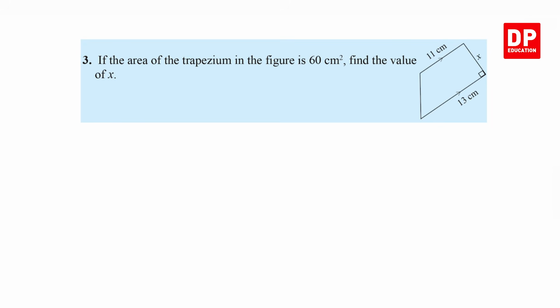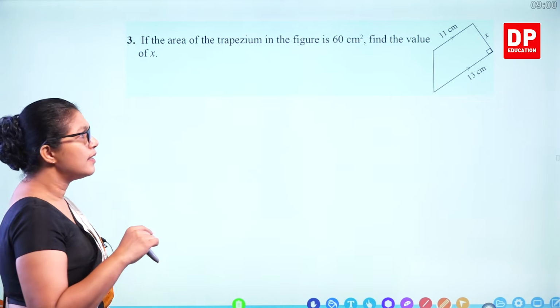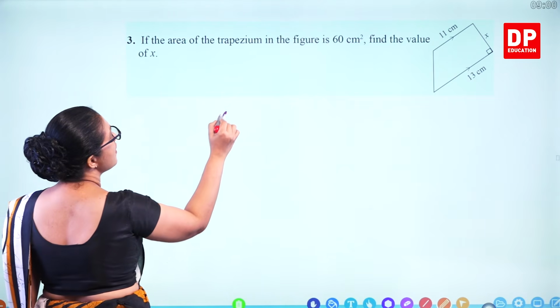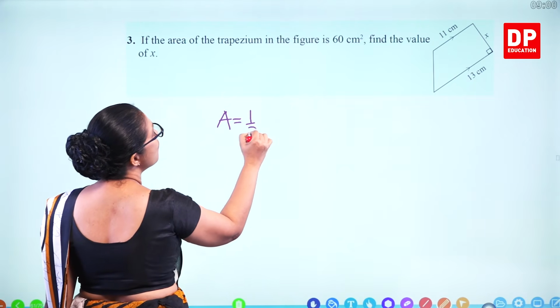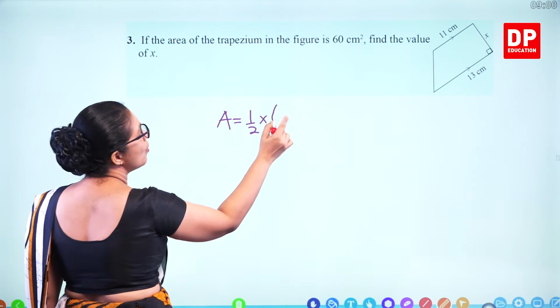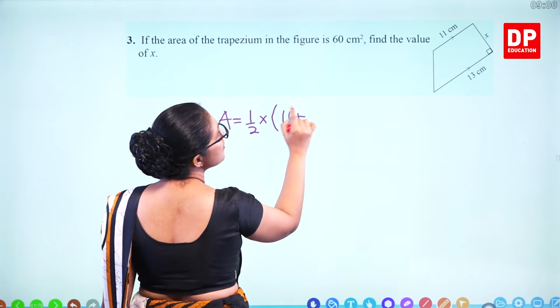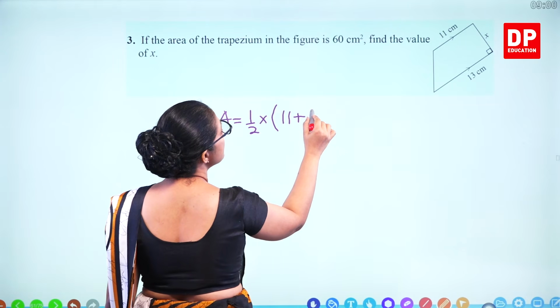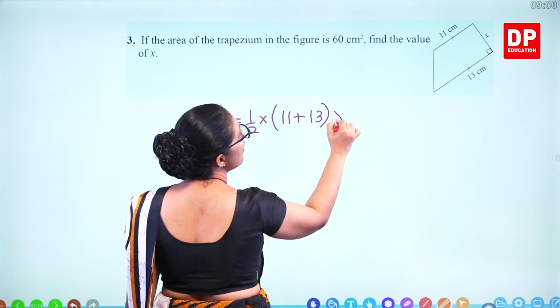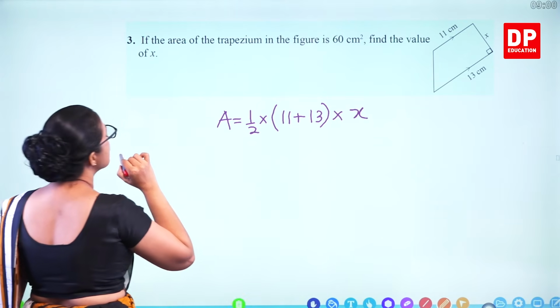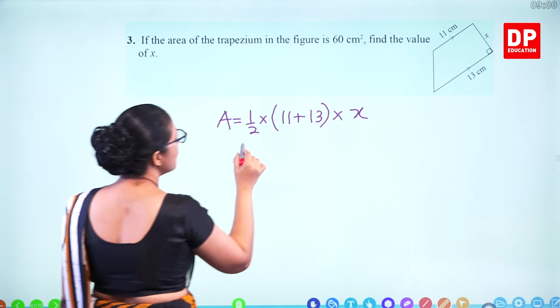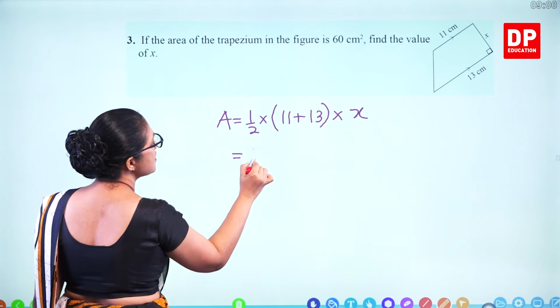If the area of the trapezium in the figure is 60 square centimeters, find the value of x. That's the perpendicular height. So area is half into the sum of the two parallel lengths, and the perpendicular height is x. So we'll just simplify first.